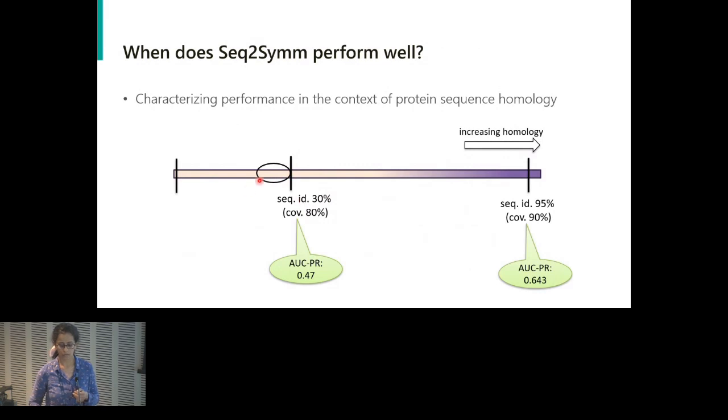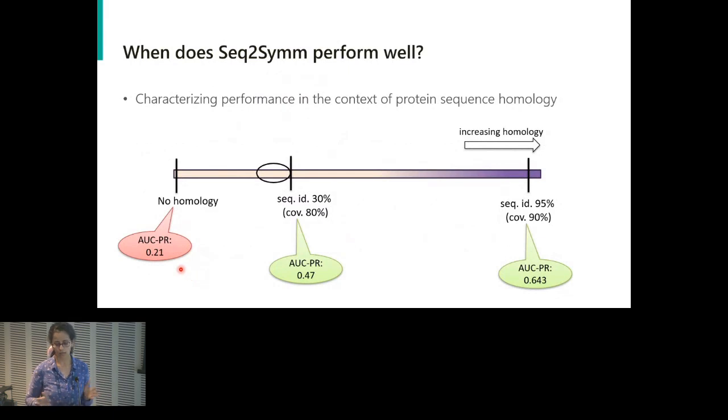This is where models like ESM2 and Sig2Sim start performing poorly. At the left end is the setting where things are completely non-homologous, zero homology, and we see very poor performance here. All models perform very poorly here, and Sig2Sim also only does as well as the pre-trained models.